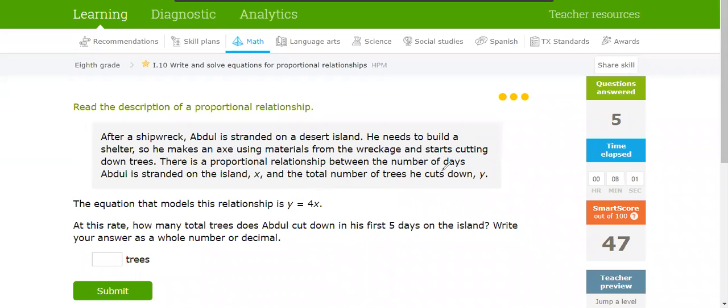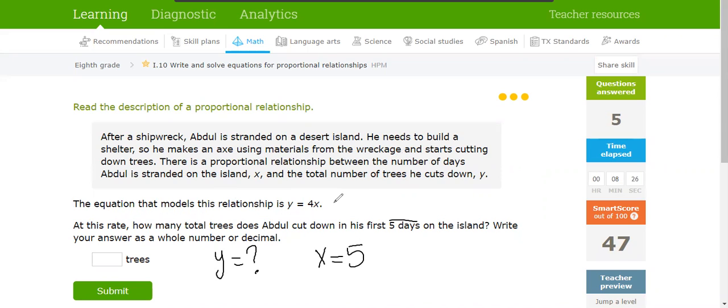All right, one more time. x is the number of days and y is the total number of trees. At this rate, how many total trees? Okay, so that means y is the question. Abdul cut down in his first 5 days. So x is the number of days, so it's going to be 5 here.